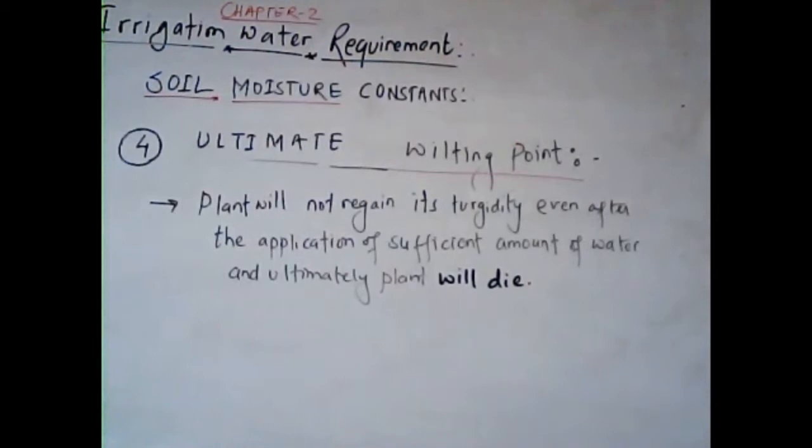The plant will ultimately die at the ultimate wilting point. Even if moisture is sufficiently applied, it will not regain its turgidity.